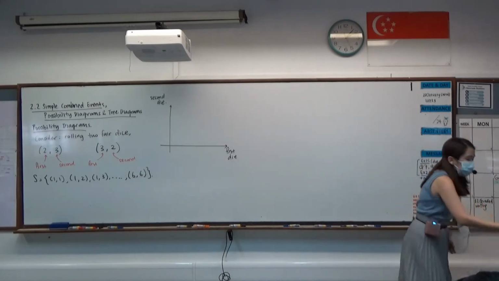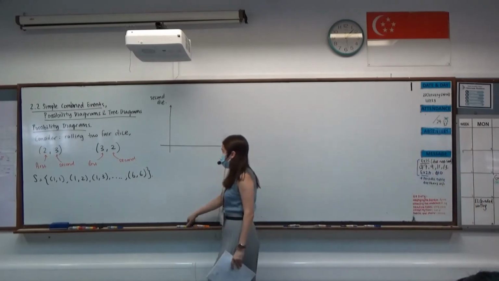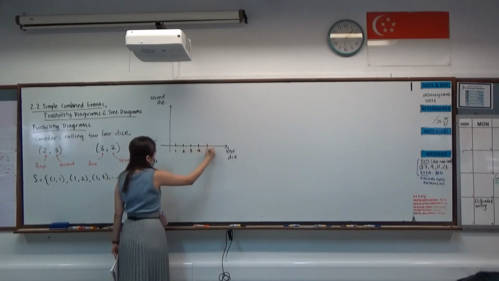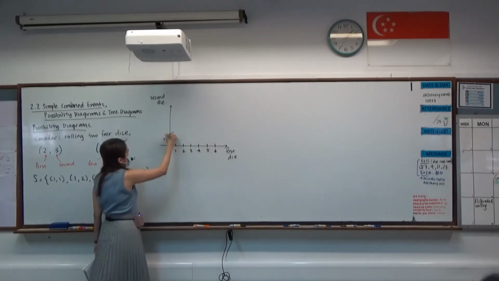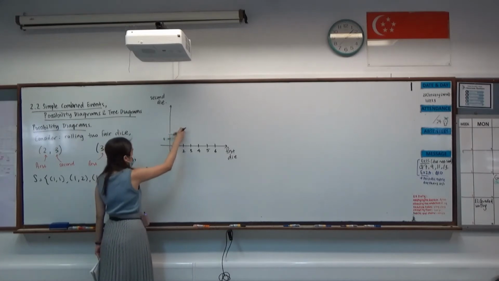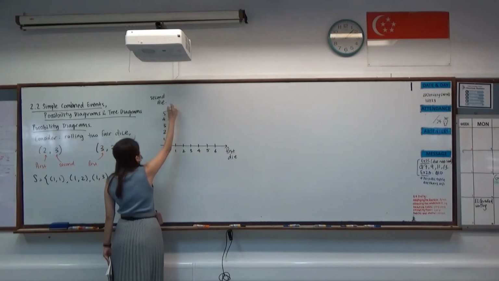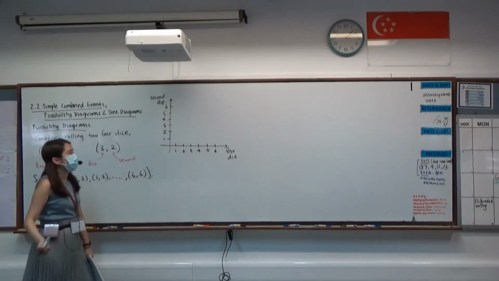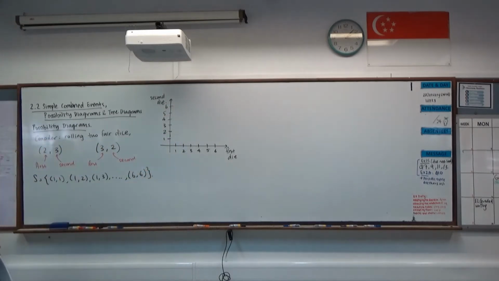The different possibilities that I can get from the first die are numbers from 1 all the way to 6, so I will label 1 to 6, and I also label 1 to 6 on the y-axis.